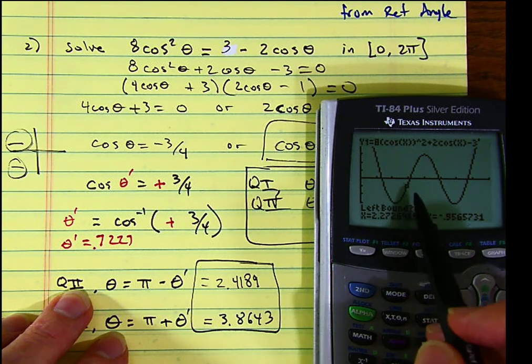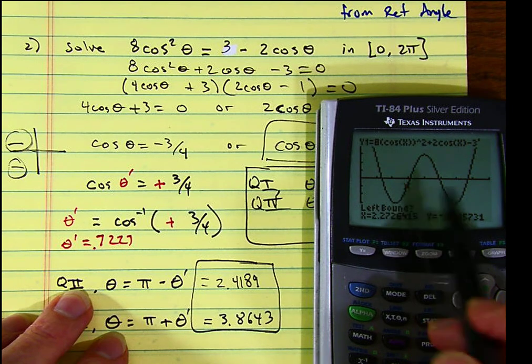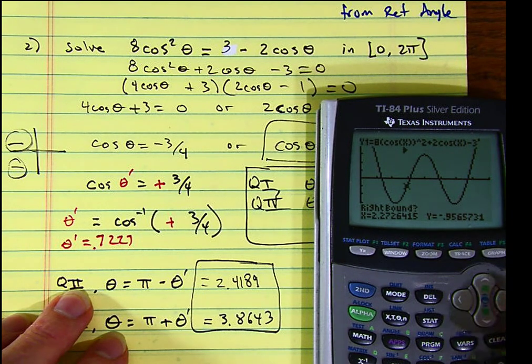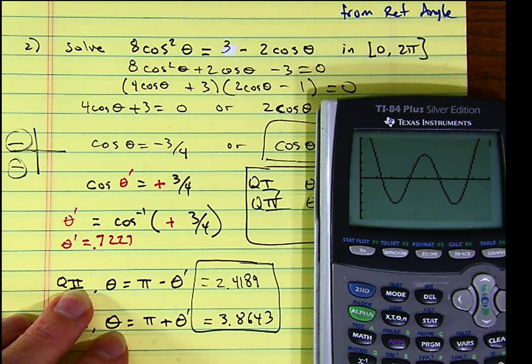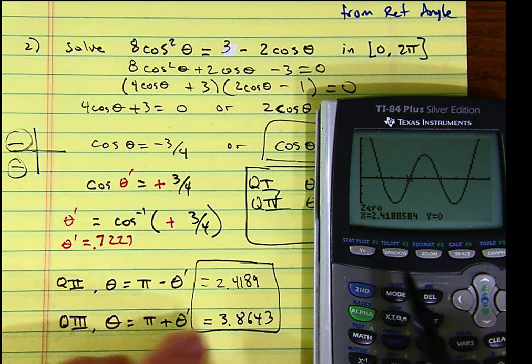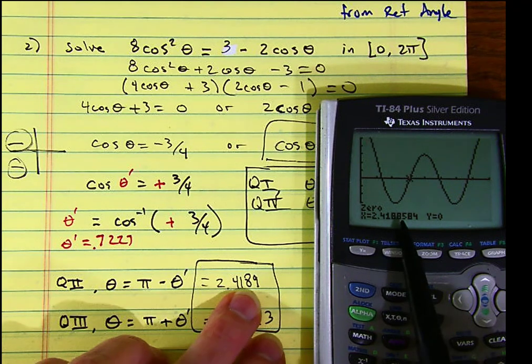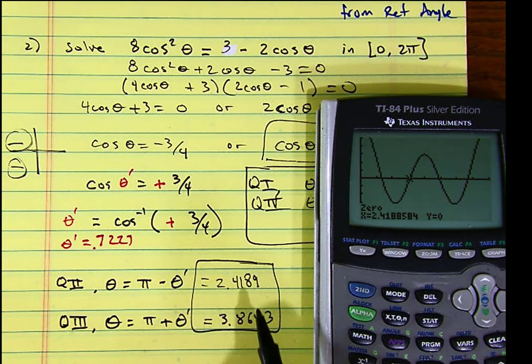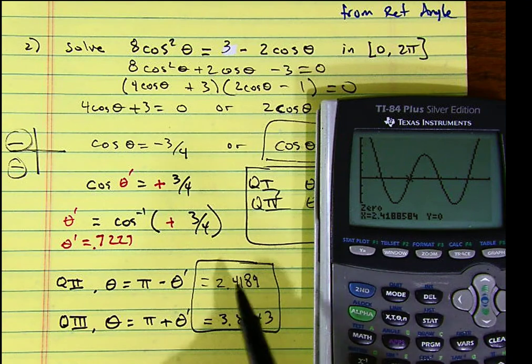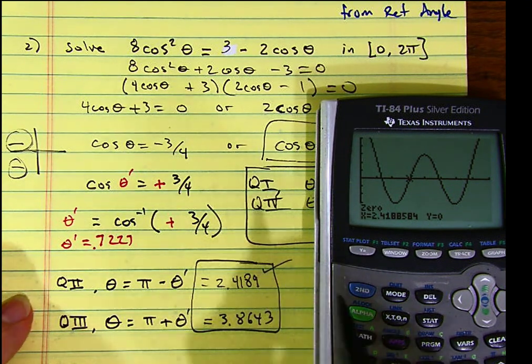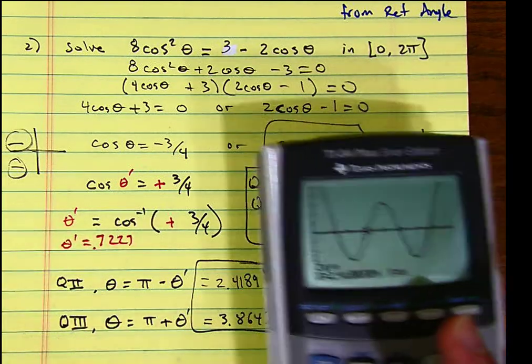I'm not going to find them all, but I'm just saying I'm interested in that one. I'm going to set a left boundary marker, enter, go right past it, put a right boundary marker and hit enter, and it found 2.4189, same. So I've got graphing solution matches my algebraic solution. So now I have a lot of confidence that this one is good, and likely they're all good.